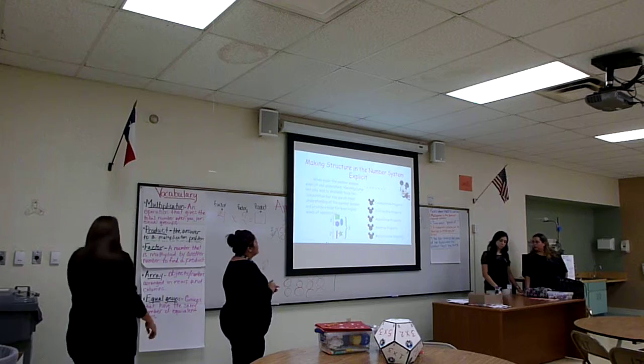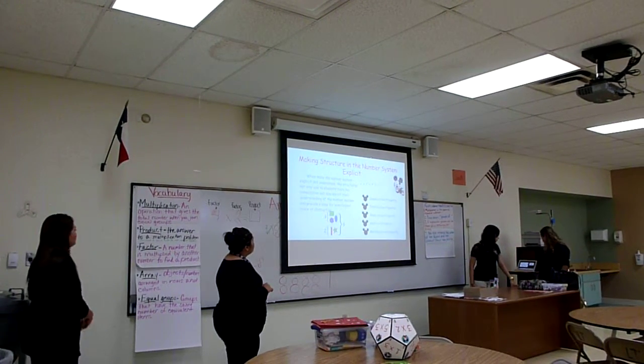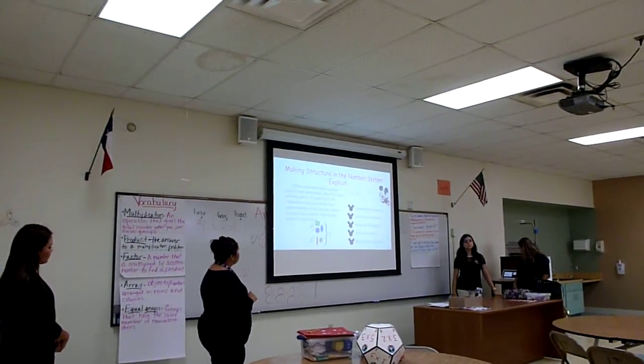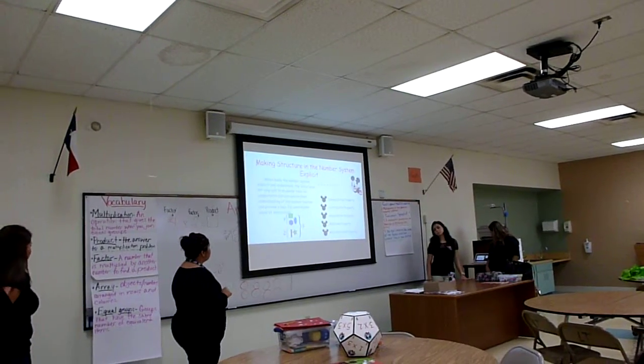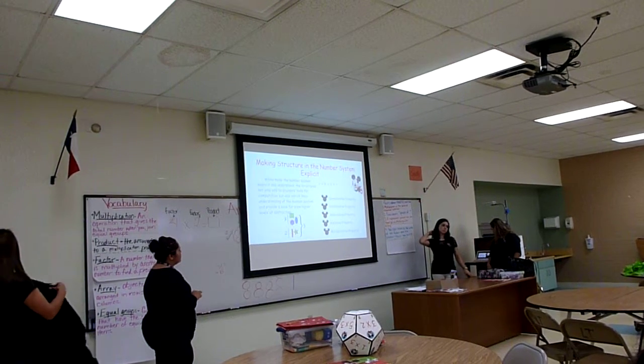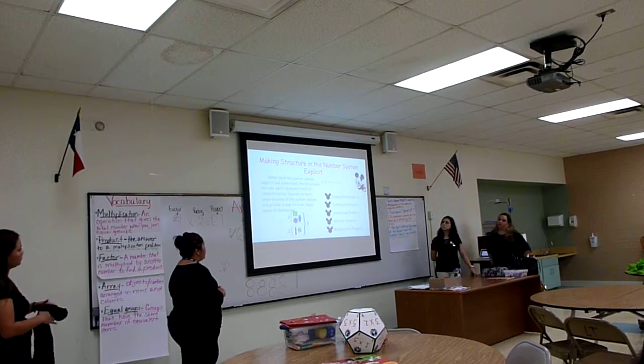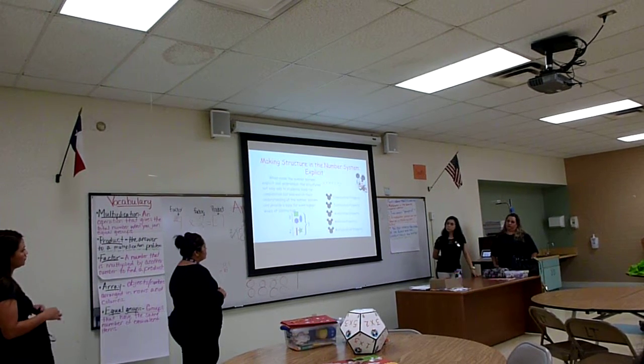We also have making structure in the number system explicit. When we make the number system explicit and understood, the structures are not only tools for computation, but also enrich students' understanding of the number system and provide a base for even higher levels of abstraction.